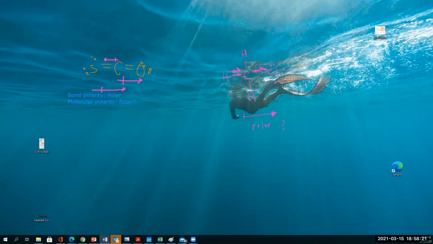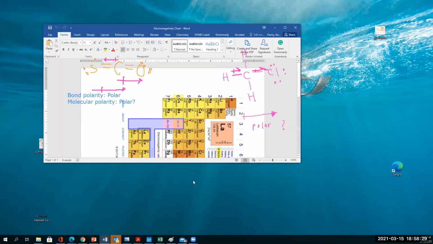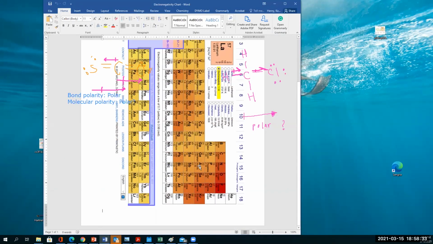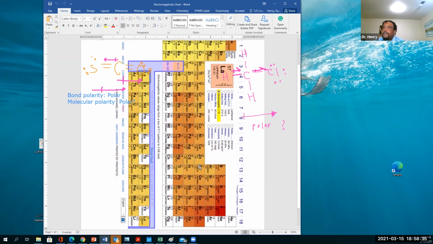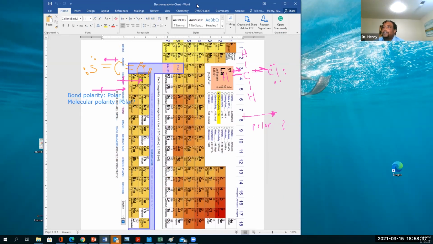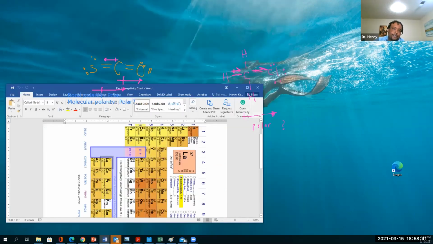So here are basically electronegative values, although it's flipped. Let me go to the periodic table. Hold on. That's where I got it from in the first place.